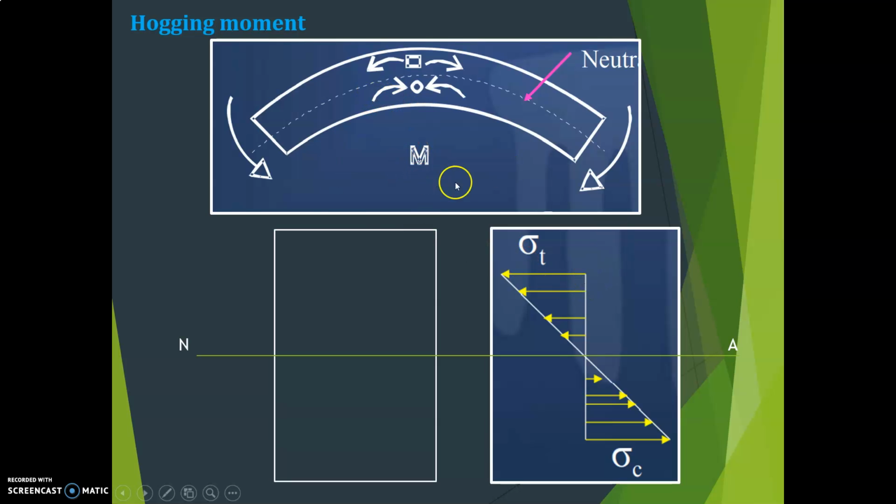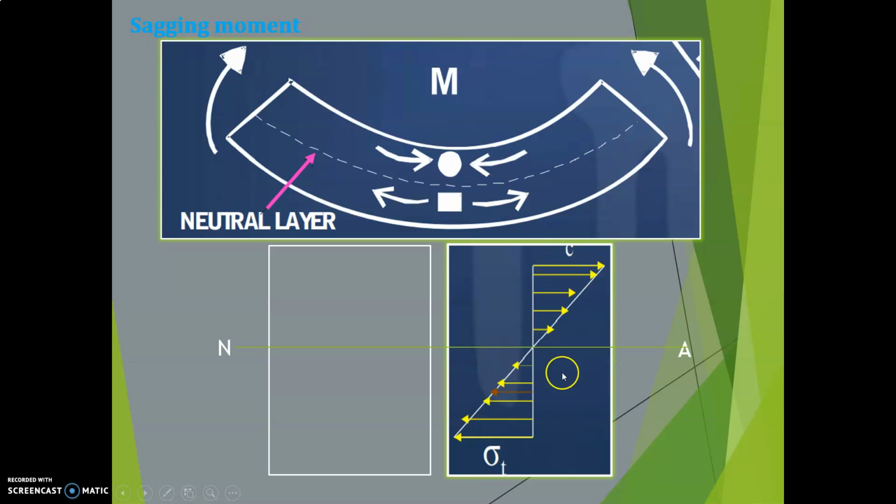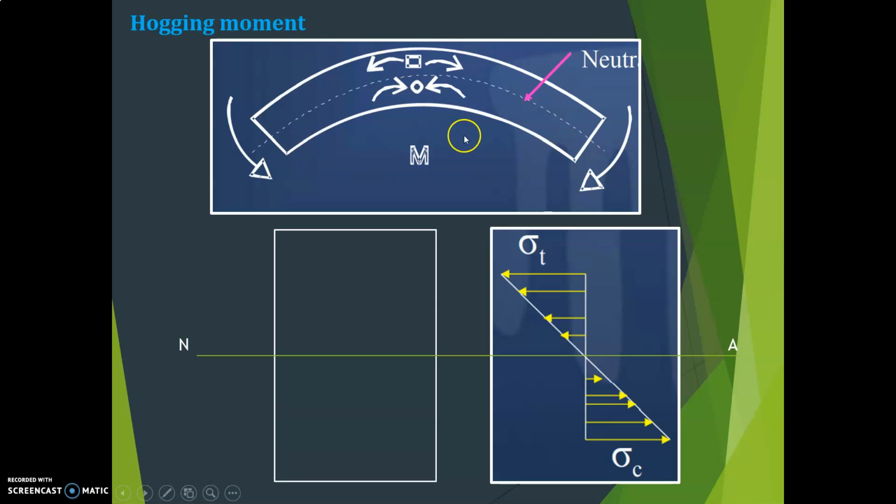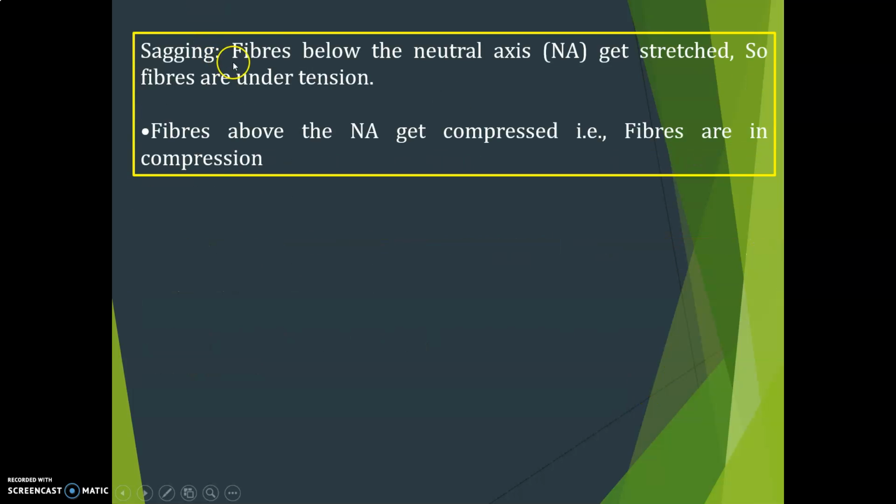In the case of sagging moment, the diagram is like this: compression on top and tension on bottom. But in the case of hogging moment, there will be tensile stress in the top and compressive stress developed in the bottom fiber. So this is about sagging and hogging bending moment, and I'll explain once again.